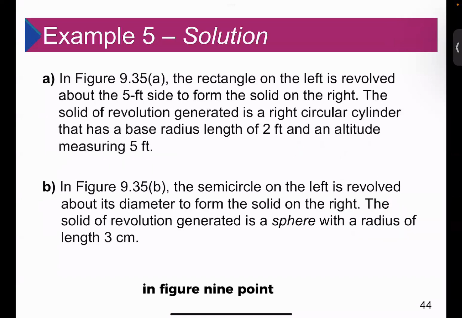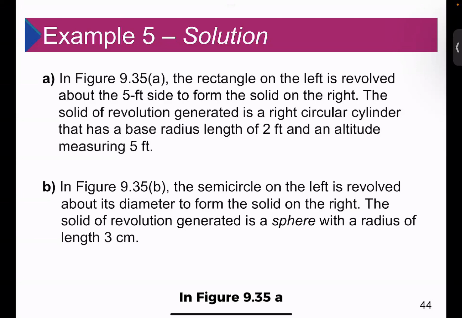In figure 9.35a, the rectangle on the left is revolved about the 5 feet side to form the solid on the right. The solid of revolution generated is a right circular cylinder that has a base radius of 2 and an altitude measuring 5 feet.